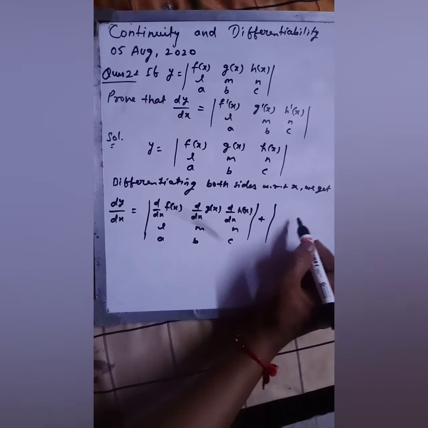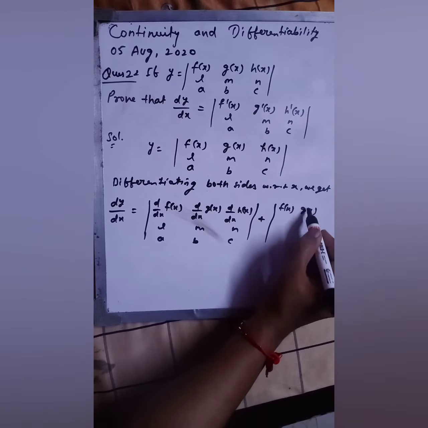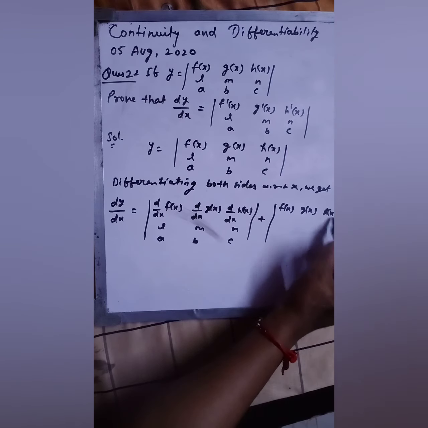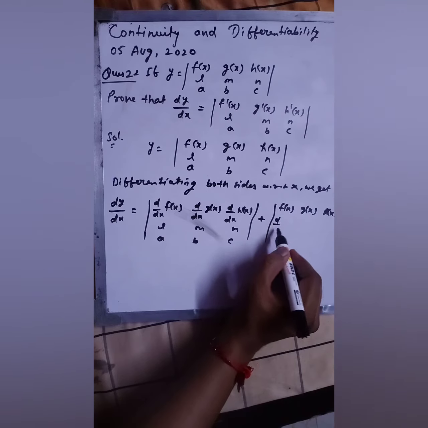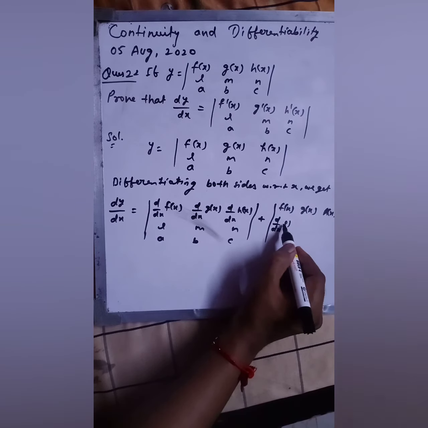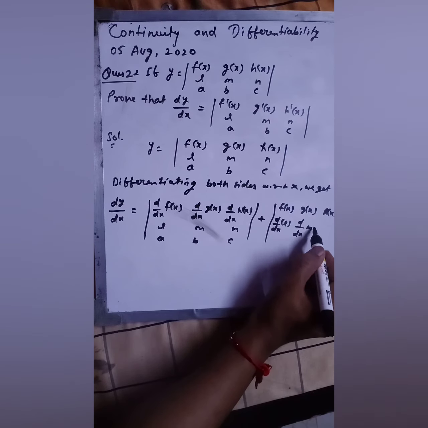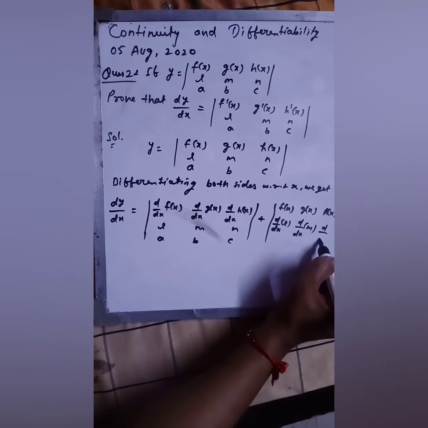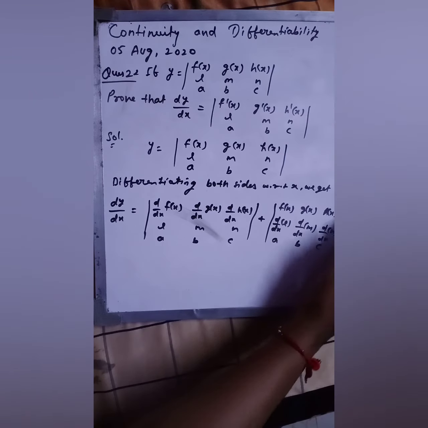Here your first row will remain the same: fx, gx and hx. Now I am differentiating the second row: d by dx of x, L, d by dx of m, d by dx of n, and the third row will remain the same.